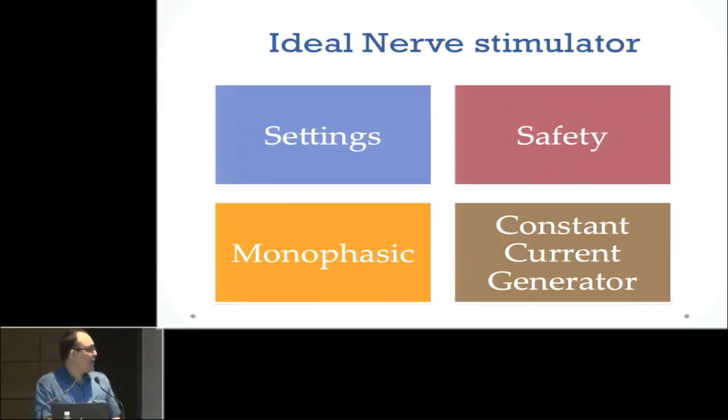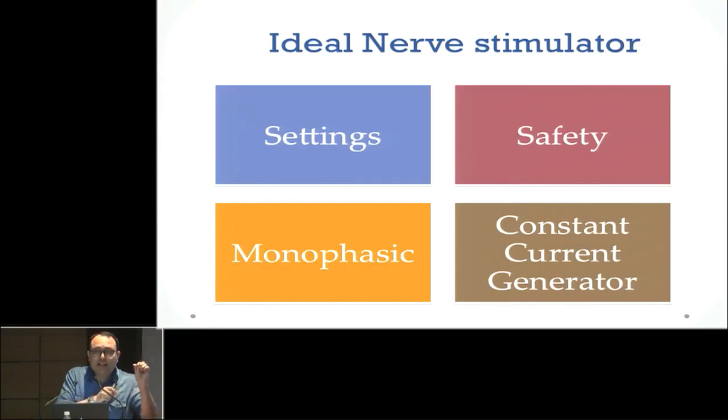That safety should be there in the machine. And the current should be monophasic and rectangular, meaning the current should go from the machine to the patient, not from the patient to the machine. And it should be a constant current generator, because the machine, the electric cables, the electrodes, the skin, the subcutaneous tissue and the needle tip all contribute to a variable impedance.